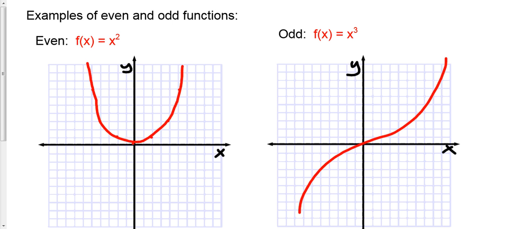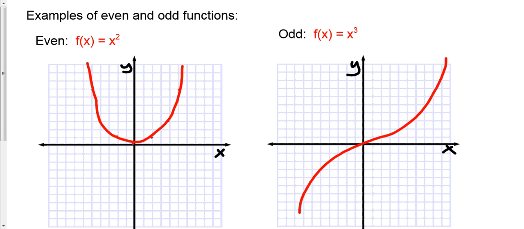If I put a mirror right down here, facing the positive x-axis, it will look just like this, right? So we say that even functions are reflections about the y-axis. So they look the same on either side of the y-axis. That's an even function graphically.